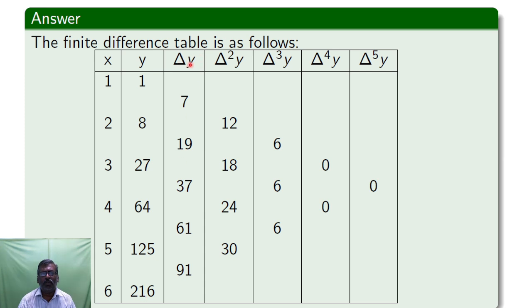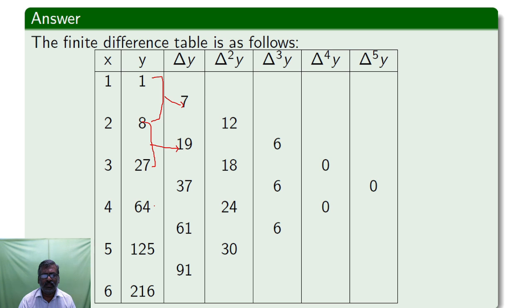This delta y means the difference in y value. We find it as second value minus first value, that is 8 minus 1, which is 7. Next, 27 minus 8 goes to 19.